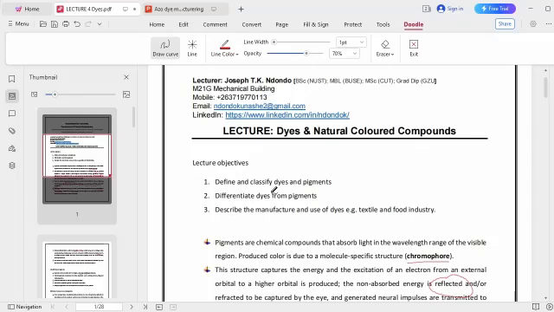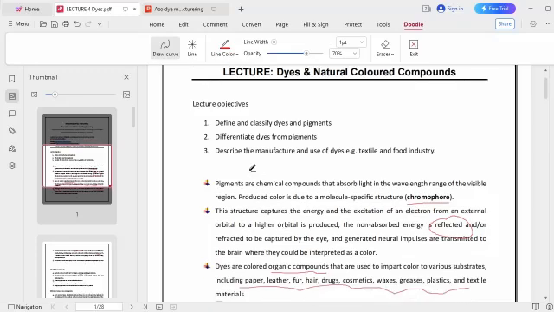We learned about the different classes of dyes. Examples being the acid dyes, also known as the anionic dyes. We have the basic dyes, also known as the cationic dyes. We also have the direct dyes, azoic dyes, and many other types of dyes.